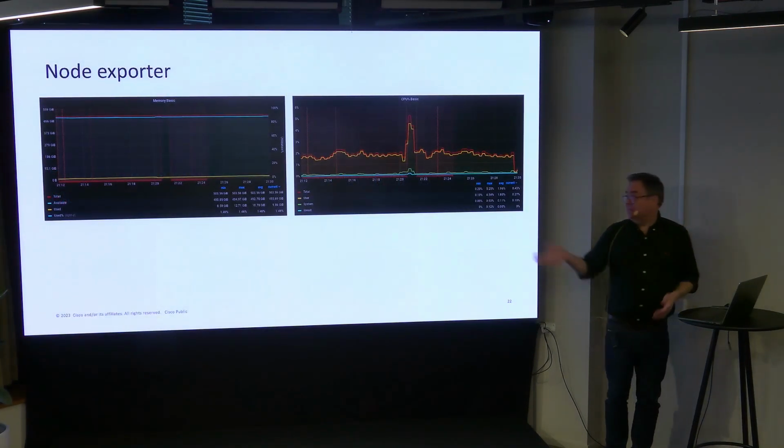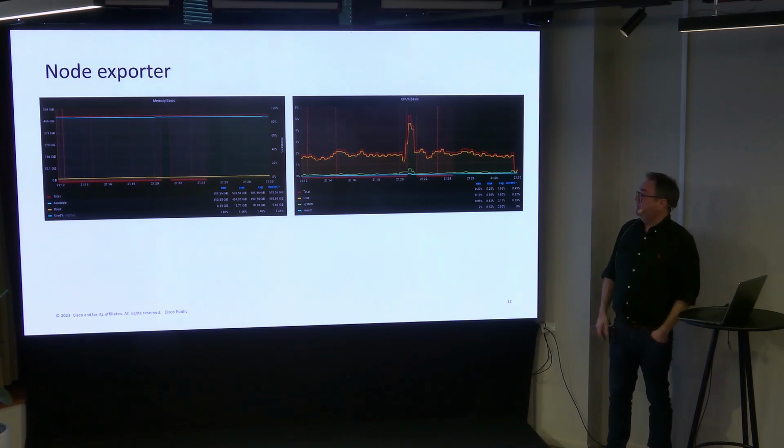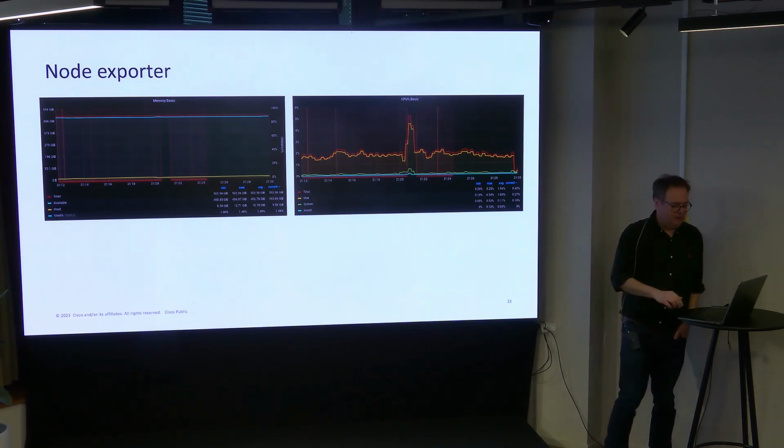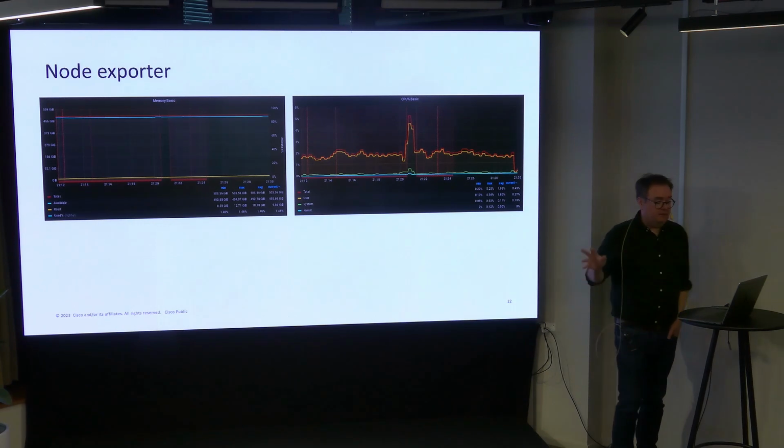You can see if we're running out of memory on the node, or if the CPU is overloaded, or for example disk space. So it's more a check that the node is okay. But you can't really see anything about what's happening inside the NSO.